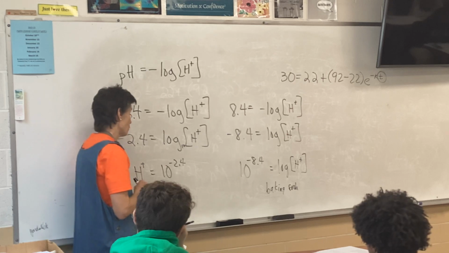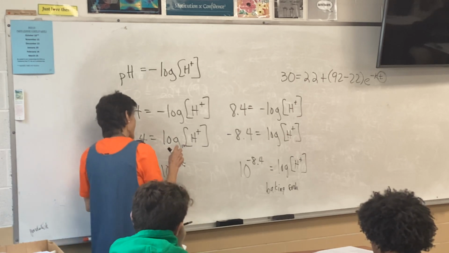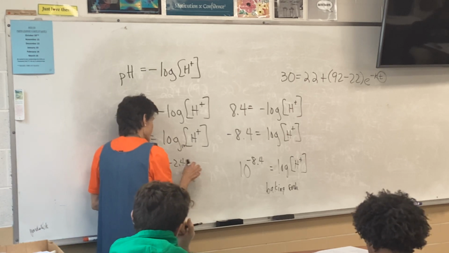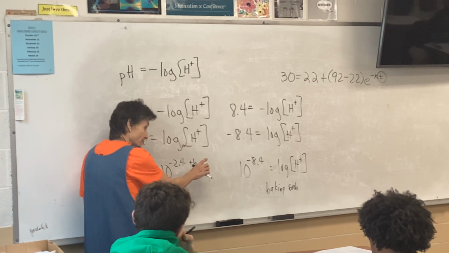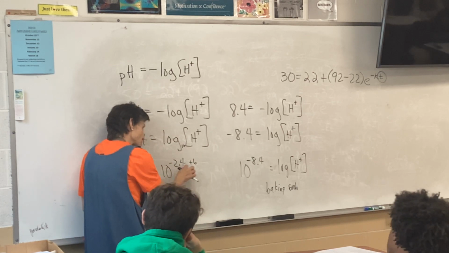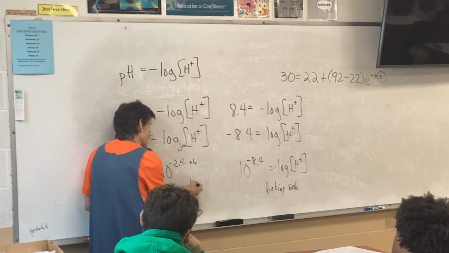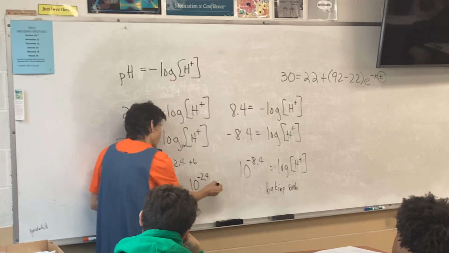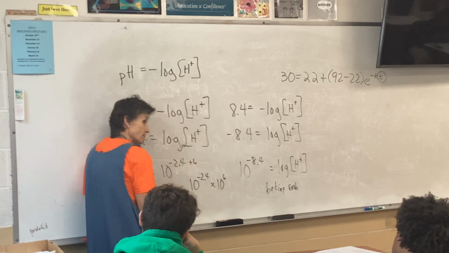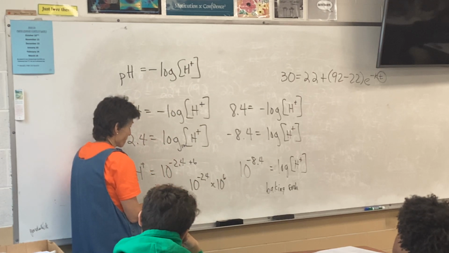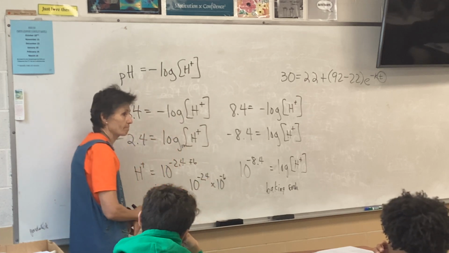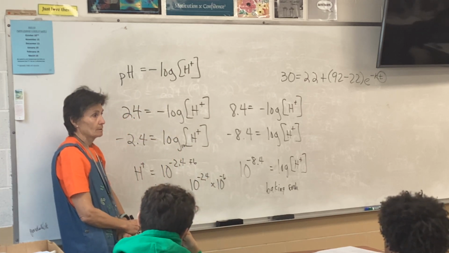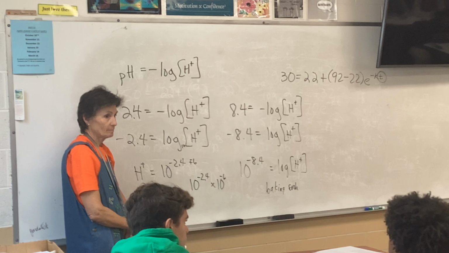So if I'm adding 6 to this exponent, to get that one, I would have to add 6, right? But since that's an exponent, wouldn't that be the same as times 10 to the 6th? Would it be 10 to the negative 6? Oh, yeah. Would you agree with that?